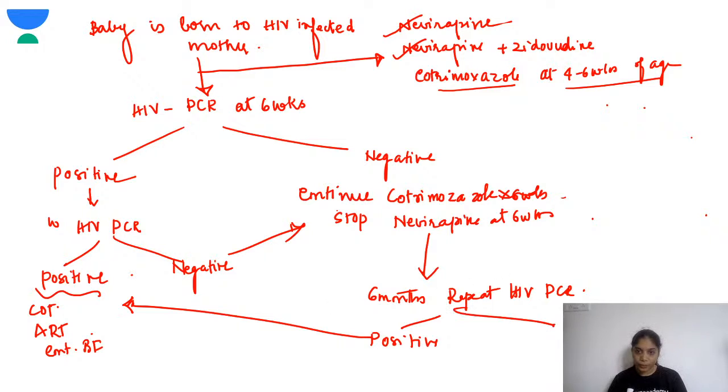If it is negative, you continue cotrimoxazole till 1 year, then gradually stop it a month later. In these children you repeat the PCR after 6 weeks, then establish a definitive diagnosis at 18 months by HIV antibody test. So this is how you do it. We will repeat this again.